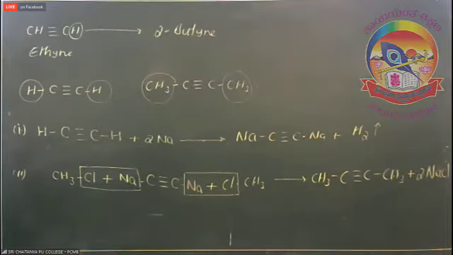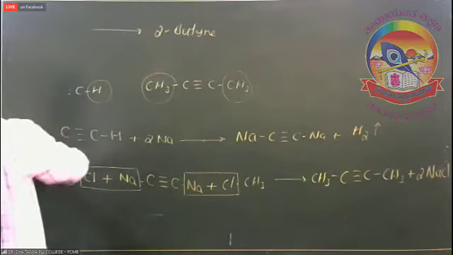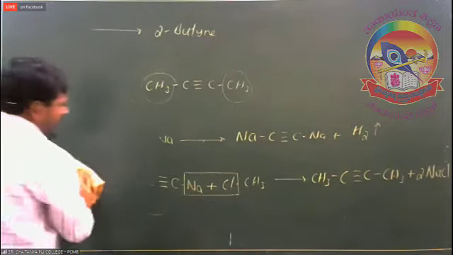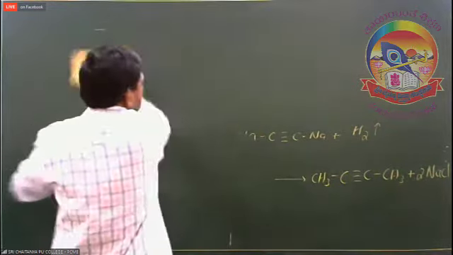Next property: reaction with halides. Chlorides react, for example, ethyl chloride, C2H5Cl. So all the properties are completed, and all the properties and the preparation methods are revised in the form of conversions.